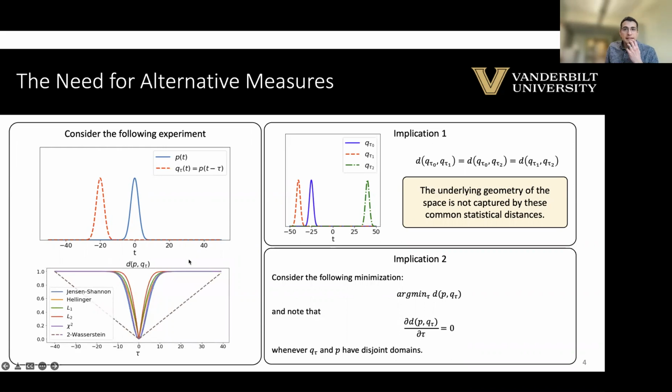Okay, and then when we look at the two-Wasserstein distance, we see that this problem goes away completely. Why? Because the Wasserstein distance, which is born from the theory of optimal transport, which we will talk about, is actually morphing one distribution into the other, or transporting one distribution into another, and then it measures the amount of work that I need to do.